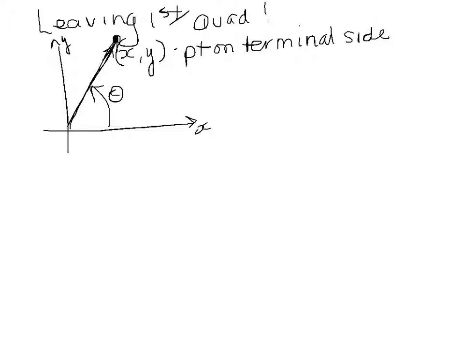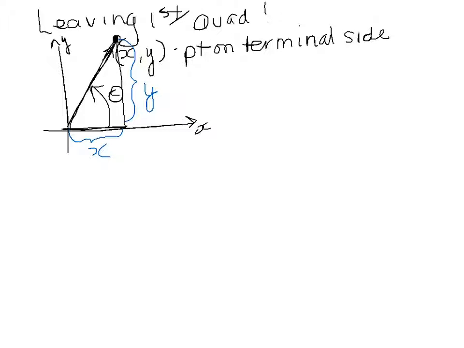So if I make a triangle here in this first quadrant, I'm going to have a length for this opposite side, which would be y, and a length for this side adjacent to theta, x.